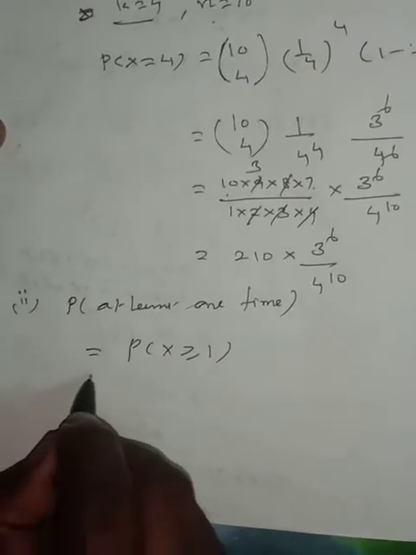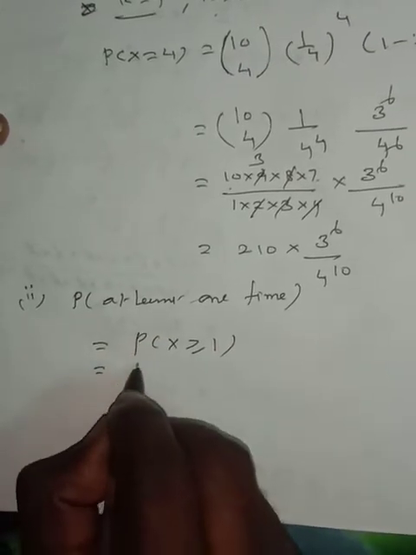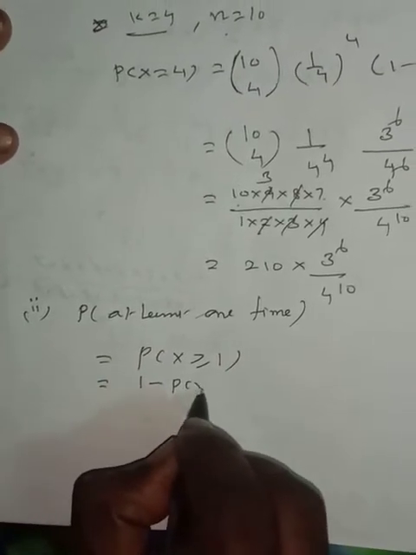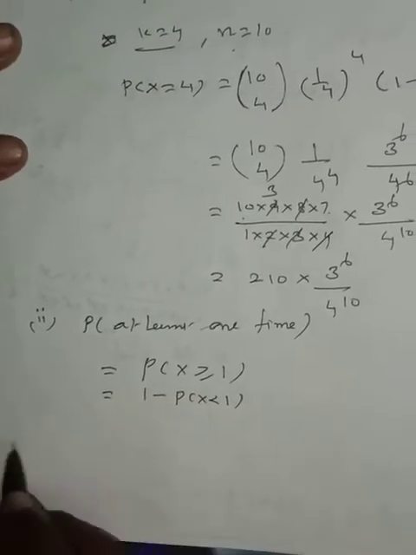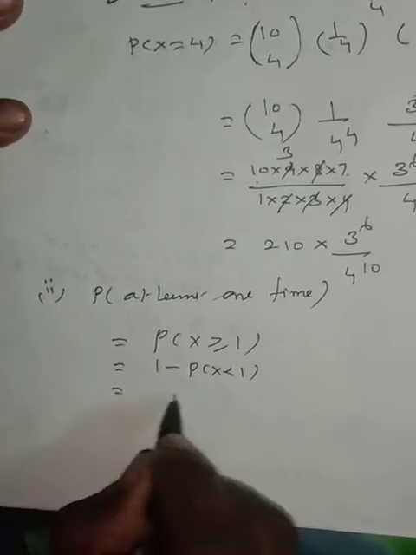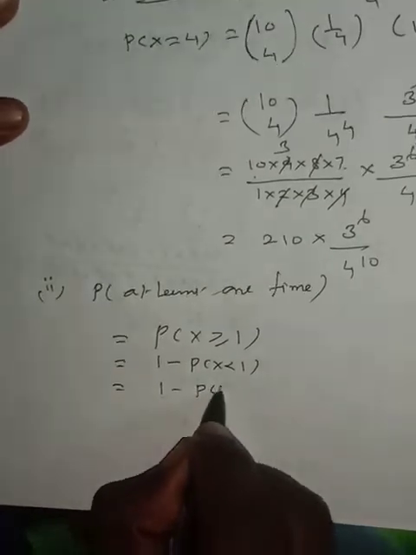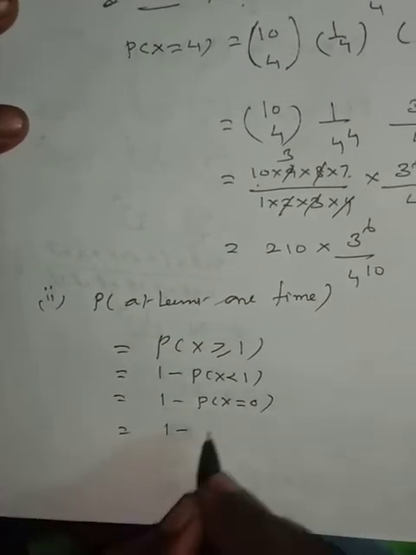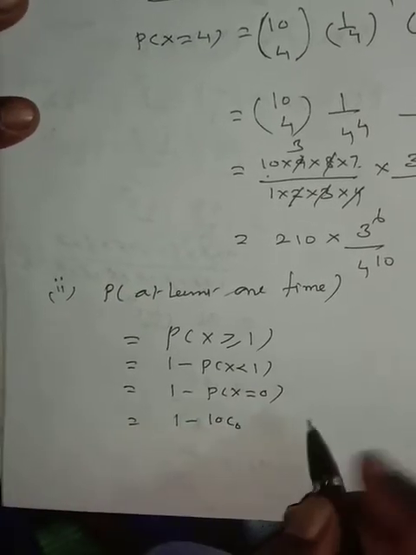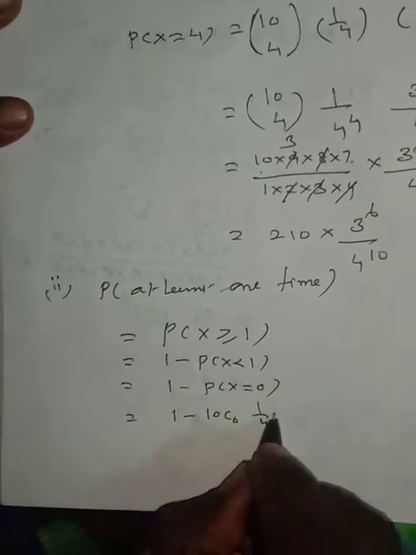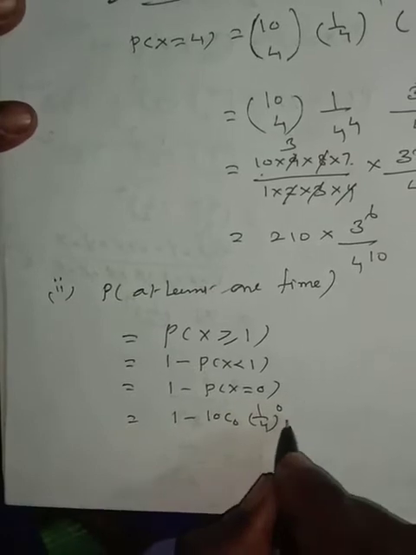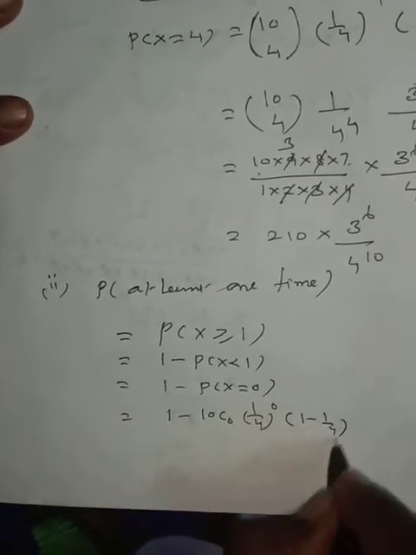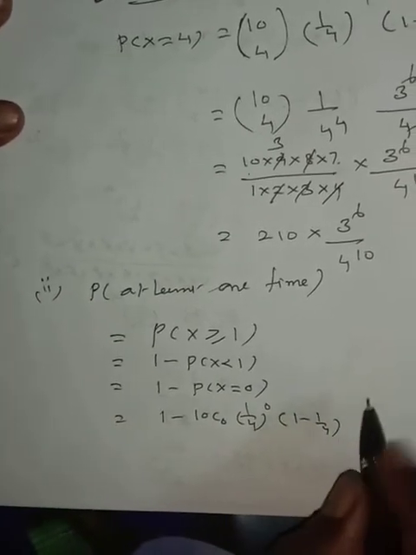This can be written as 1 minus P of x is less than 1. This means 1 minus P of x equal to 0. So 1 minus 10C0, 1 by 4 whole to the power of 0, 1 minus 1 by 4 whole to the power of 10 minus 0.